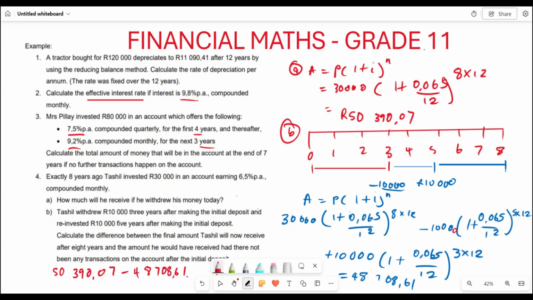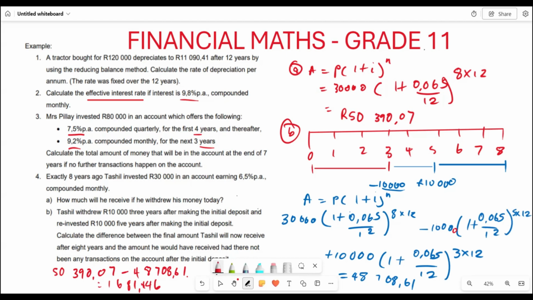And which means this person ended up losing an interest of 1,681.46 altogether. So this particular person ended up losing an interest of this particular amount of money altogether.